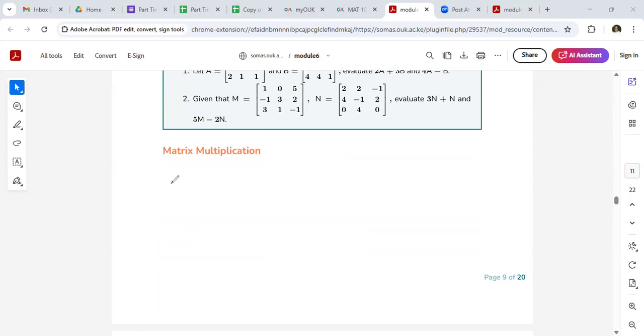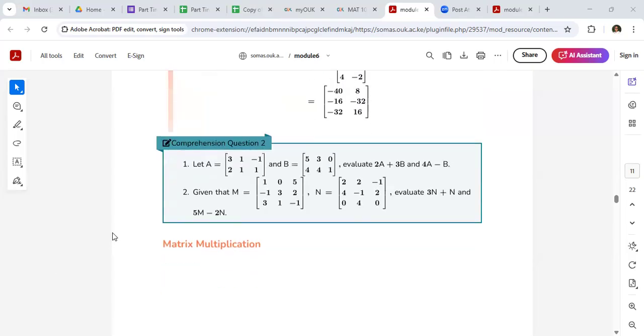Okay, you have a question? Yes, just for clarification. Does the position of a figure in a matrix matter?